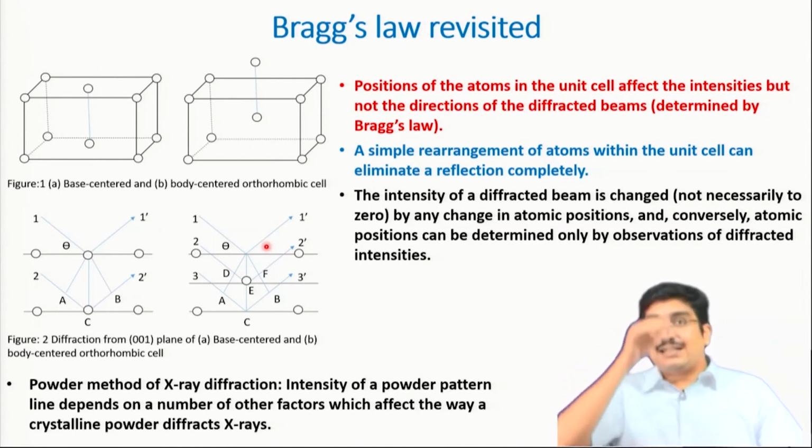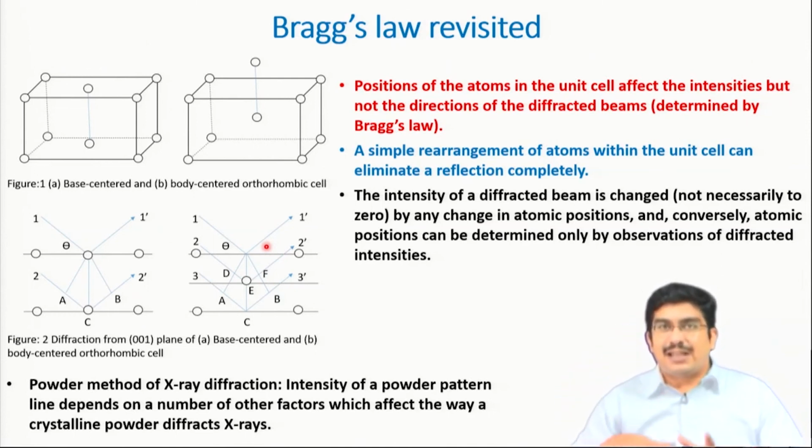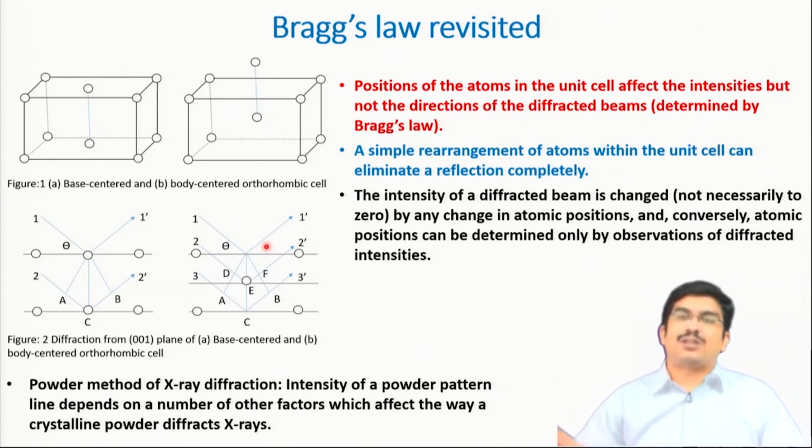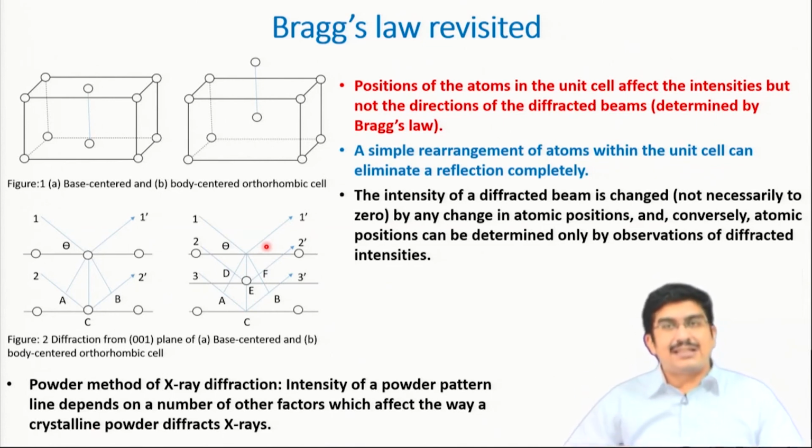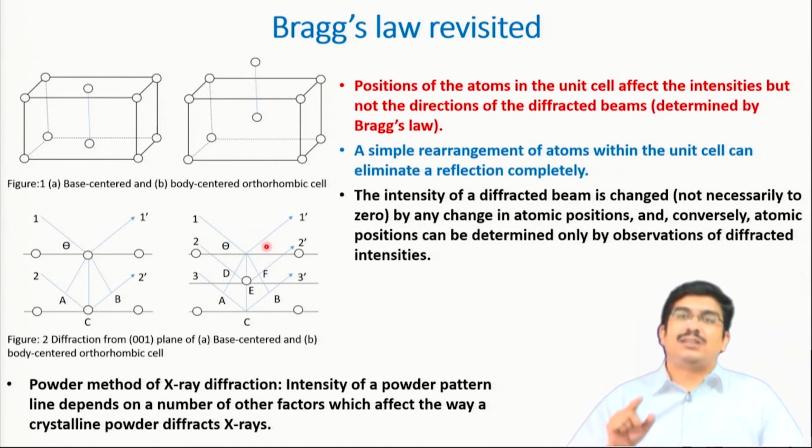The intensity of the diffracted beam is changed by changing the atomic positions. If the atomic positions in the unit cell change, the intensity of the diffracted beam also changes. So, if we measure the intensity of the diffracted beams, by back calculation we can get an idea about the atomic arrangement within the unit cell.